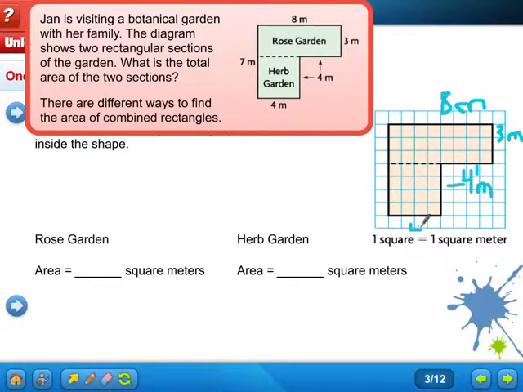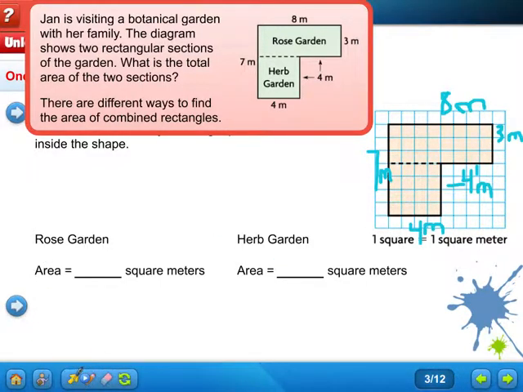This one's also 4 meters. And then this total right here is 7 meters, which makes sense because if you look, 1, 2, 3, that one is 3 right there, and it goes across. So this is 3. And then this one right here is 4. So 4 plus 3 is 7.